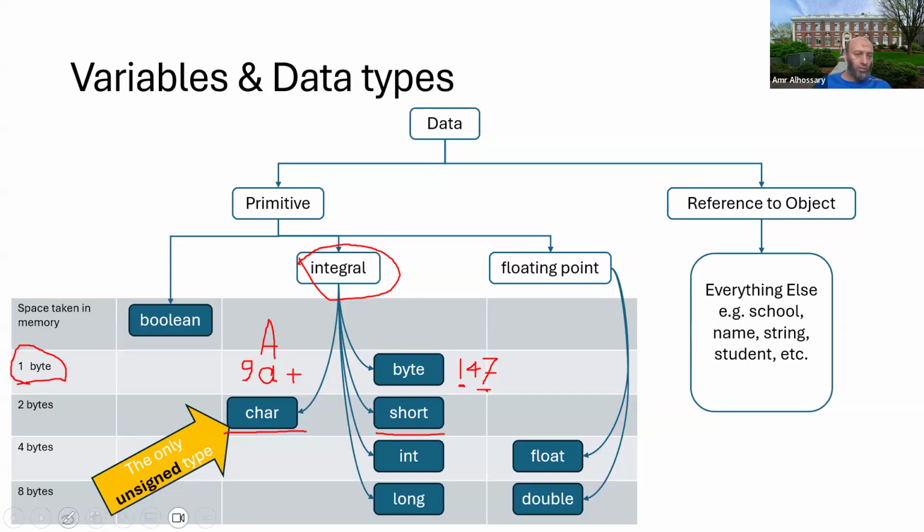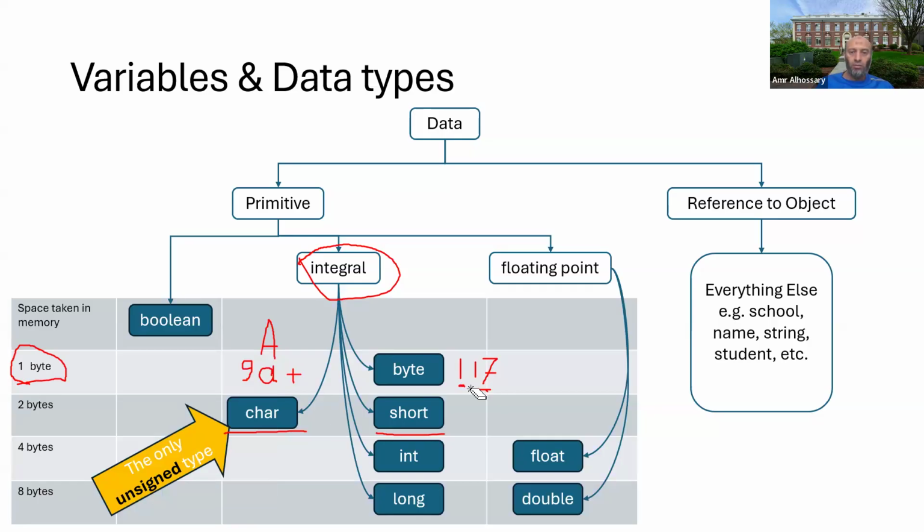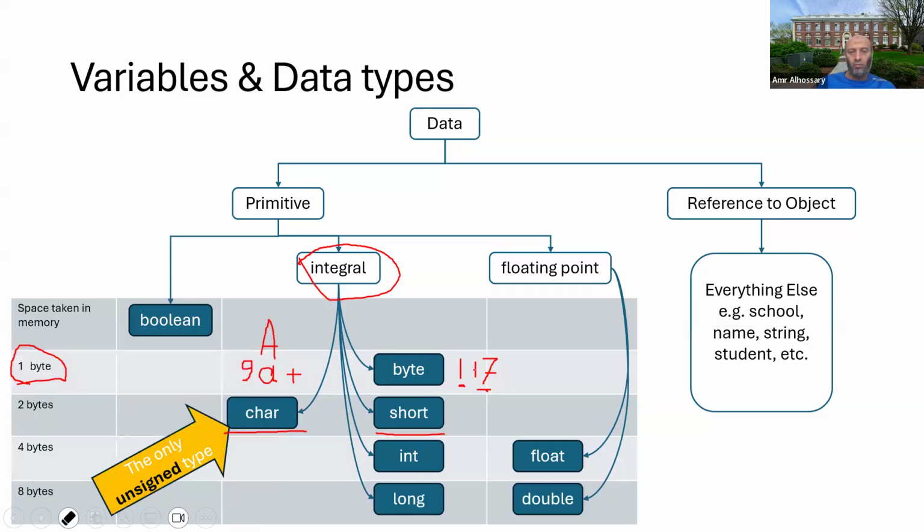I want to write it plus so that nobody gets confused. We have short, then we have 1, 2 bytes means 16 bits. So 1 plus 15 for the numbers. But for the case of the character, it's 16 bits.